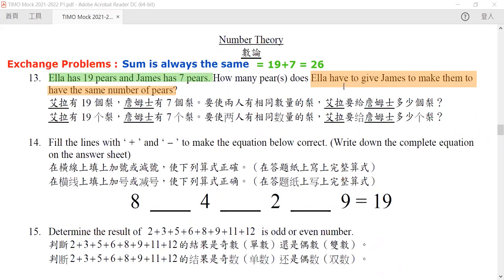How many pears did Ella and James have to make them have the same number of pears? They will each have 13 pears. Okay, they will just be half of the total.